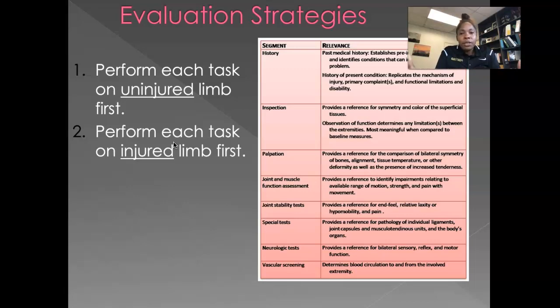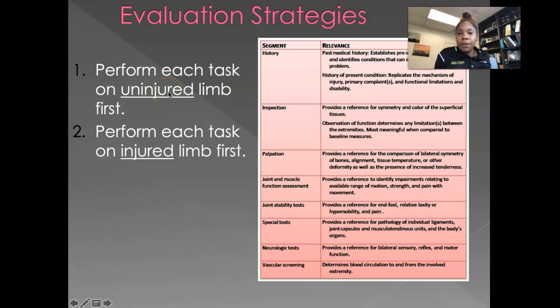The other component to examining the uninjured side first is that it actually allows us to develop confidence from our patient in us. In other words, if we go straight to the injured side and we touch them and we cause pain, they may not trust us anymore. So assessing or evaluating the uninjured limb is twofold. It gives us a side-by-side comparison. What's normal? What should we be looking for?